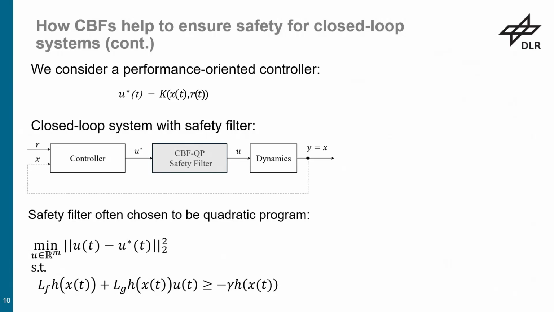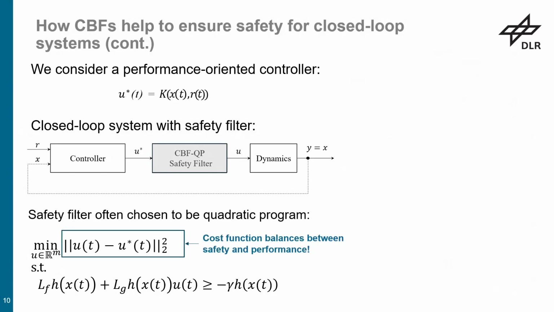So therefore, you search for a solution that is as close as possible to something, and this something is your nominal controller, your performance-oriented controller, right? Because you would like to keep as much performance as possible in the system while being safe. And this is what this cost function is giving you, and it's basically balancing, right?